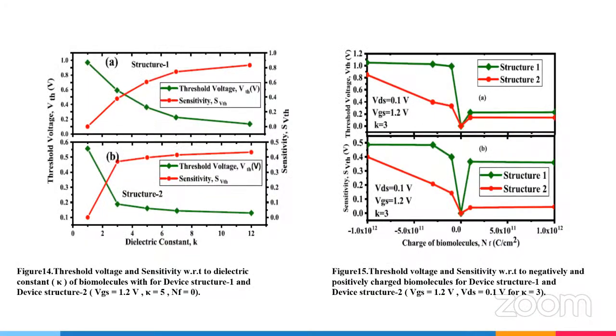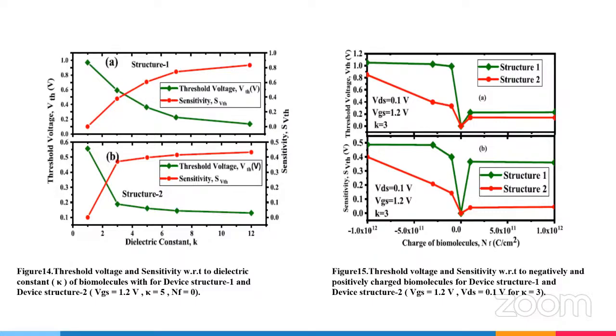Now we are moving forward to the threshold voltage and sensitivity calculations. Figure 14 depicts the threshold voltage variations. As you can see, the threshold voltage goes down with the increase in dielectric constant.